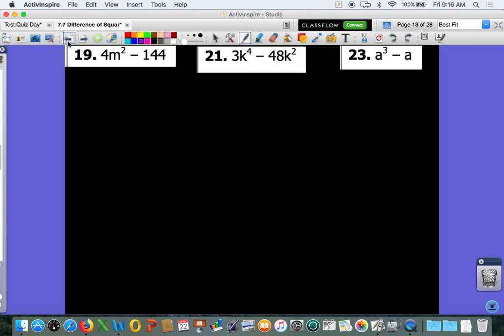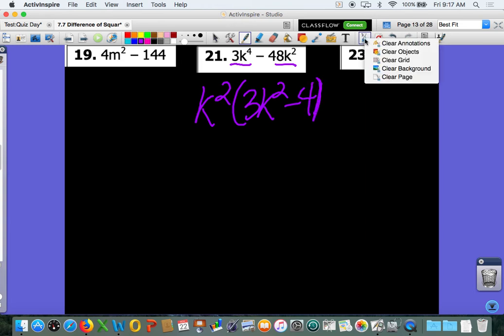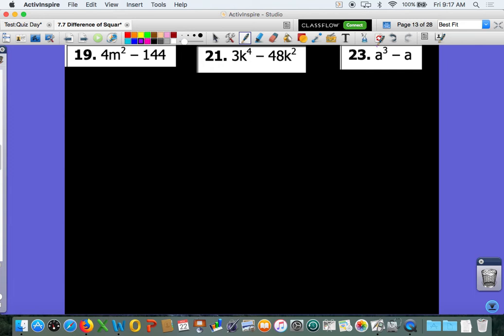Wait a second, let me make sure there's not one on here I want to look at. There was one on here I want to look at, 23 and 21. So guys, if the thing that can be pulled out is the variable, that's perfectly fine. I can pull out k squared, and then I've got 3k squared minus 48. Oh, but I can pull out more than just k squared. I can pull out 3k squared.